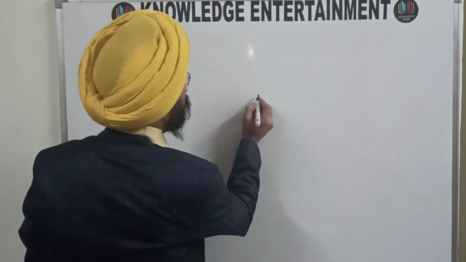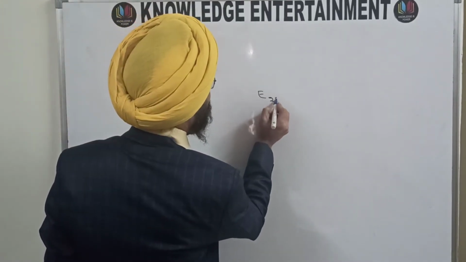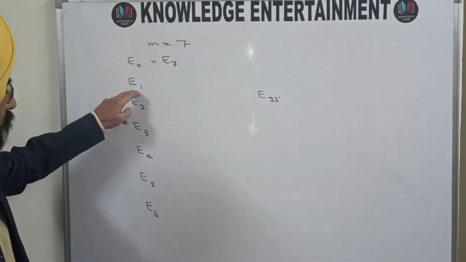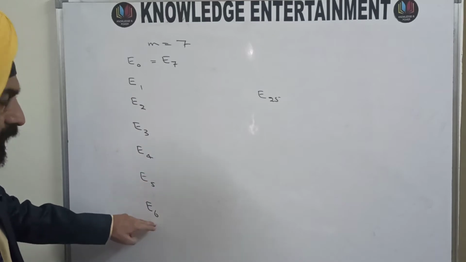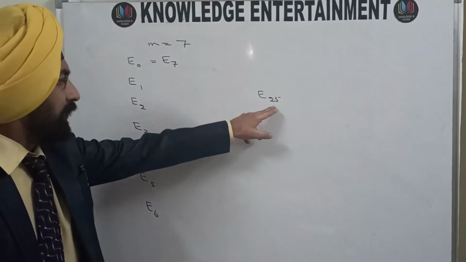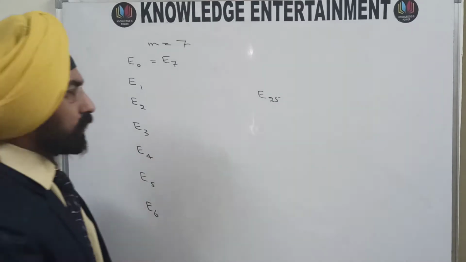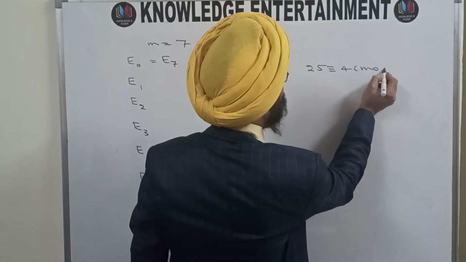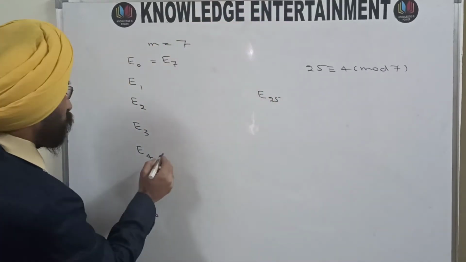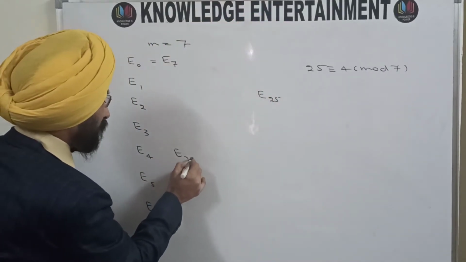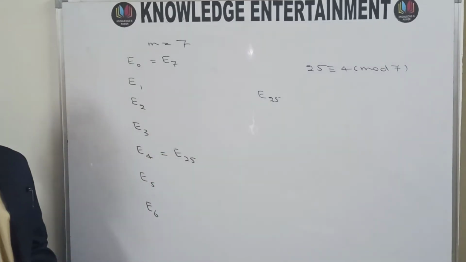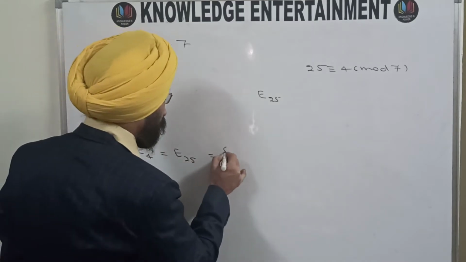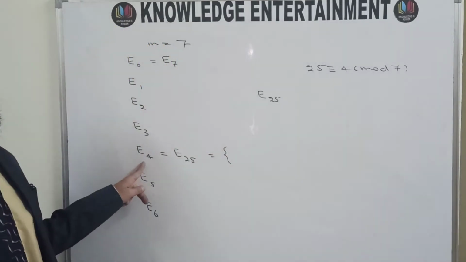Similarly, if you are talking about E25 here, then 25 is congruent to which of these numbers modulo 7? Definitely 25 is congruent to 4 modulo 7. That means your E25 is the same as E4. You can have a look. What is E4 first of all?